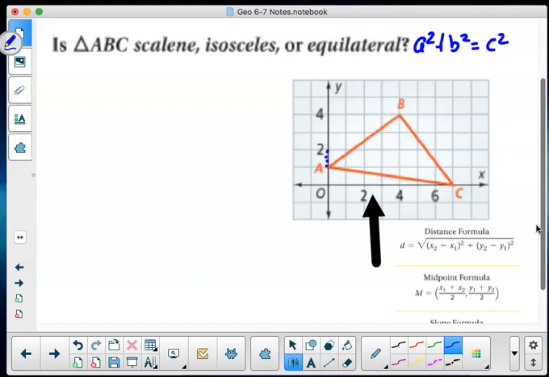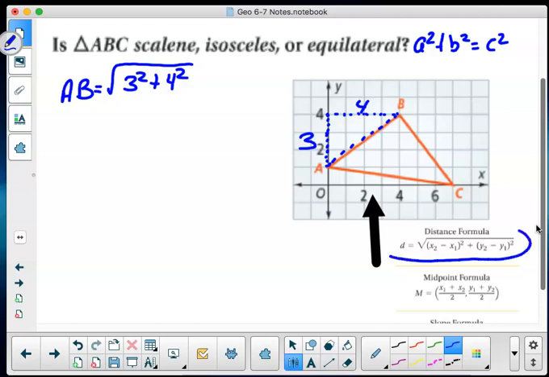I'm going to imagine a right triangle here, and I'll be able to find the segment length of AB. So if I'm looking for AB here, I'm looking for that length. I'm counting 1, 2, 3, so that's 3 units, and 1, 2, 3, 4, and that's 4 units. Well, this is 3 squared plus 4 squared. We'll learn about Pythagorean triples, but right now I'm going to talk about the fact that we have to find the square root of it.